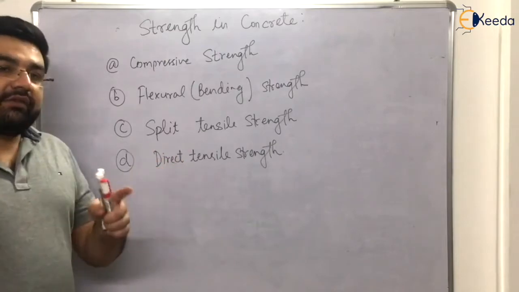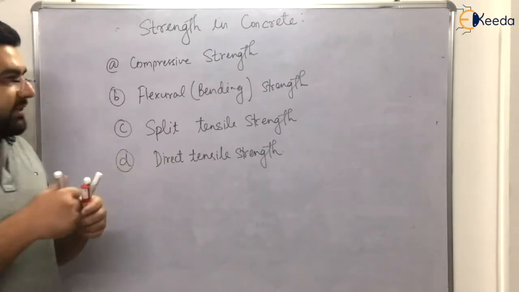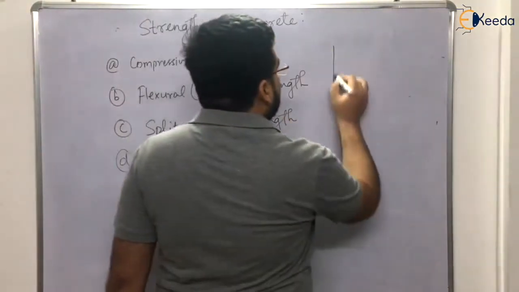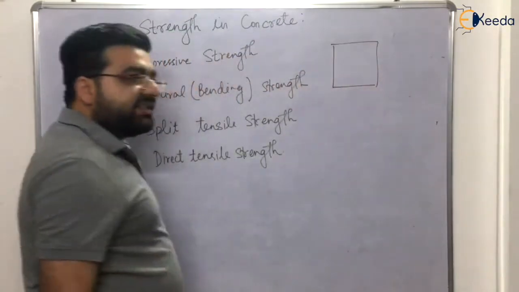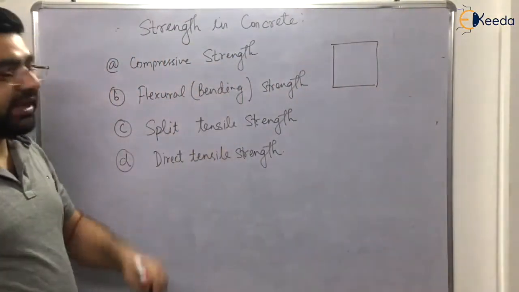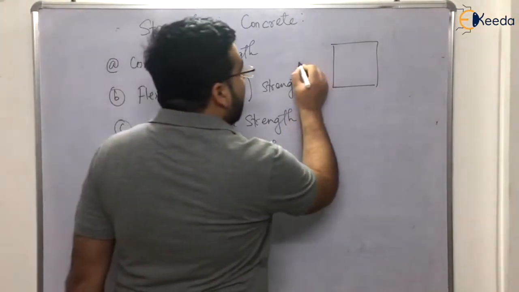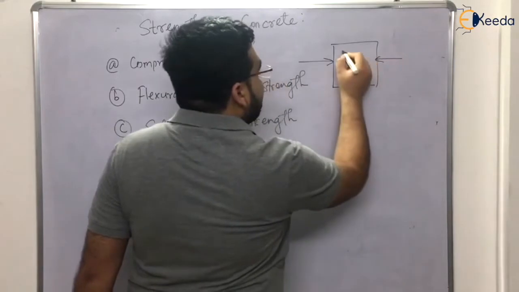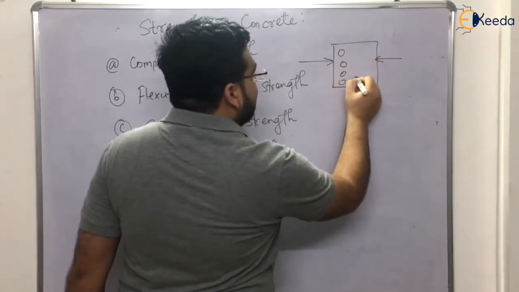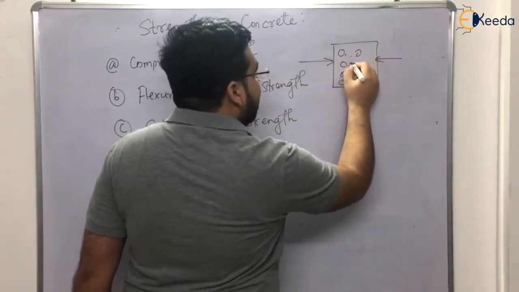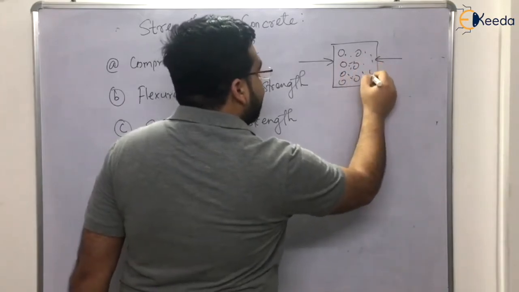Obviously, there is a reason for that also. For example, let us say this is a concrete sample. I am drawing the front view. Now, if you apply forces from this side and this side, there are aggregates, and the cement in between acts as a binding material.